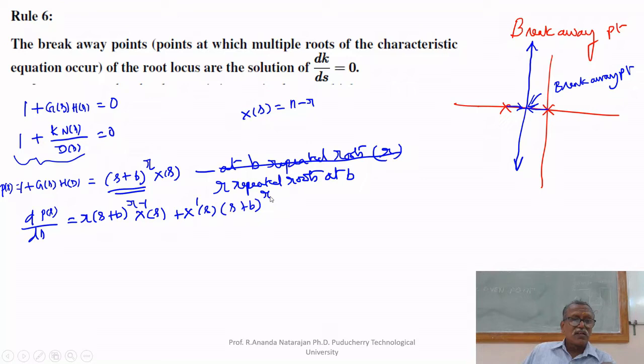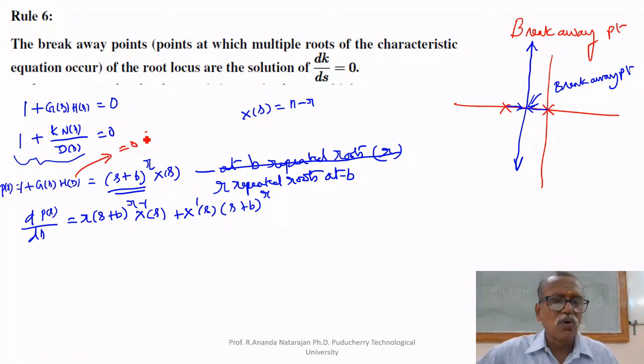The repeated roots are at minus b. So the characteristic polynomial must be 0 for s equal to minus b, because it has r repeated roots at minus b.